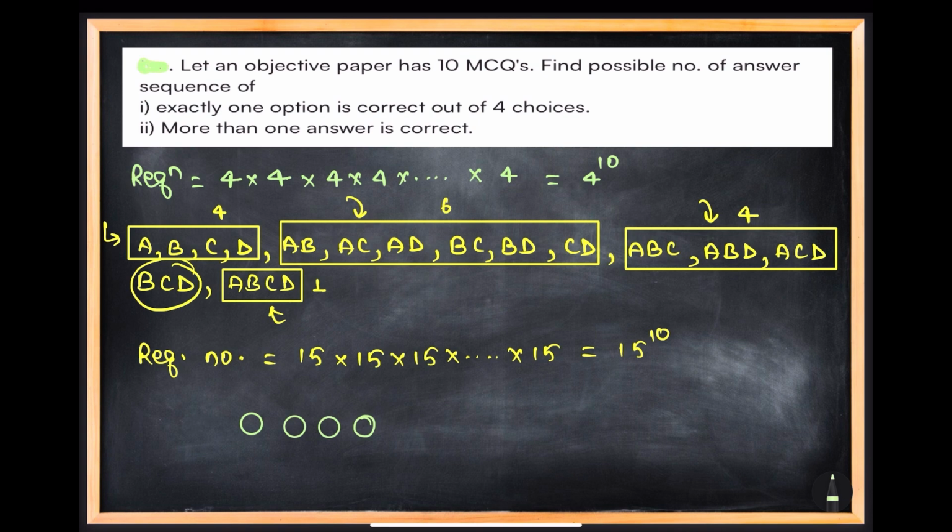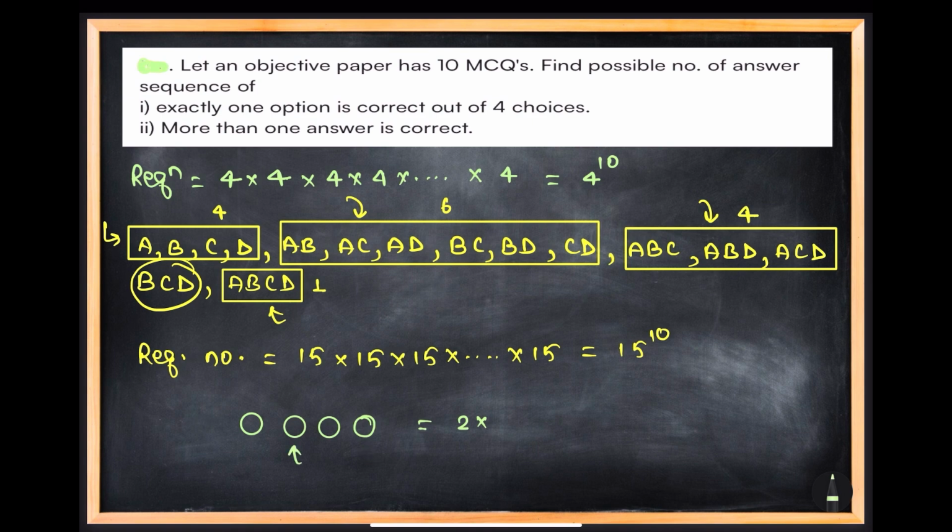So corresponding to this bubble, you have how many choices? 2. You can either fill or skip. As your task is not completed, you have to multiply, because the second, third and fourth bubbles are left.